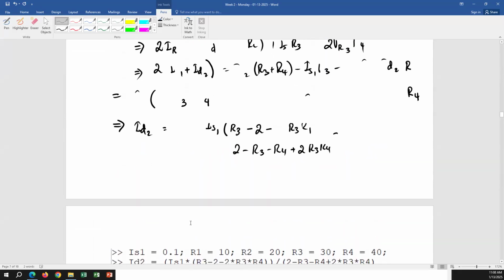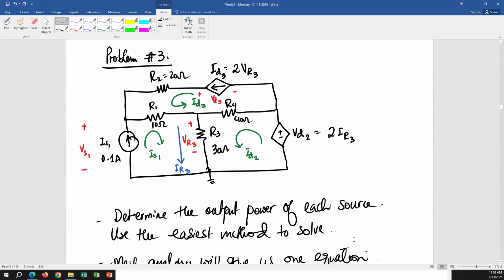All right, who is going to tell me now, looking at the circuit, how we are going to find VS1 and VD3? Anyone?